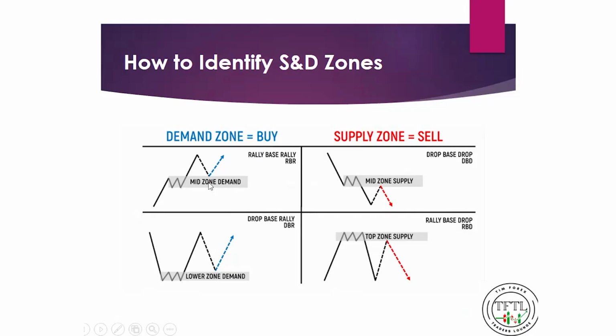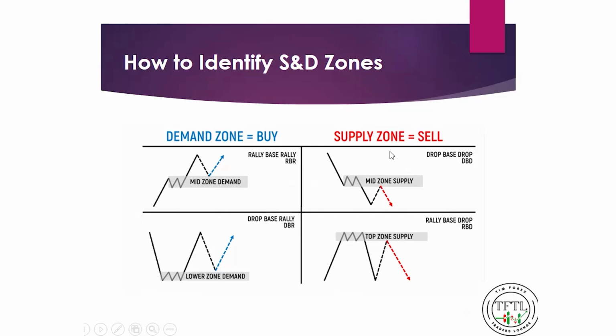If this demand zone that you are looking to buy is in the premium zone, then it will not be a high probability demand zone. So we want a mid demand zone that is at a discounted level, because when we are buying, we buy from a discount. So this is a mid demand zone.